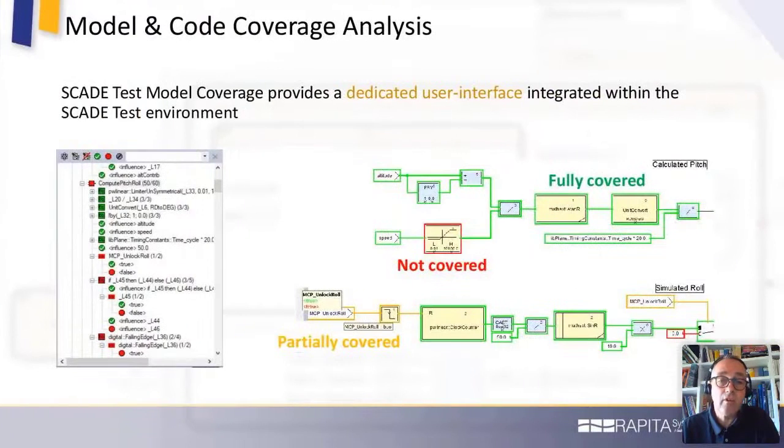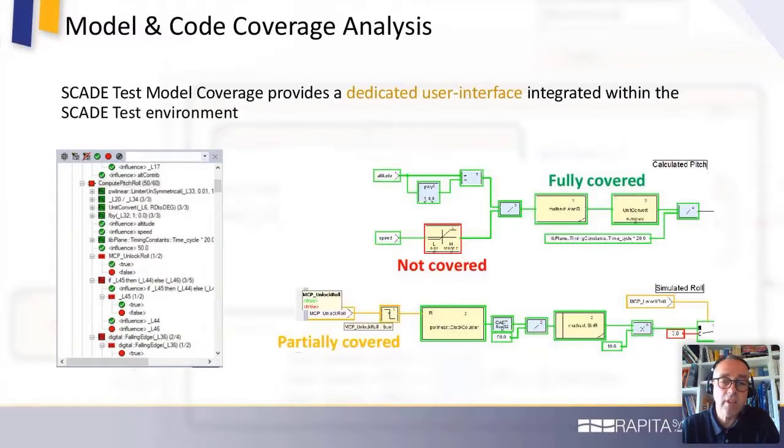Then we generate, of course, a report, but also a graphical interface in order to ease all the coverage analysis work, showing what is covered, what is not covered in red, what is partially covered in orange, showing the missing parts of the coverage directly in the model.